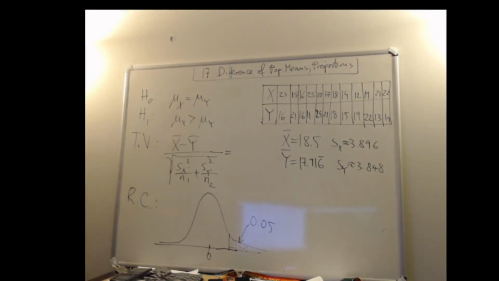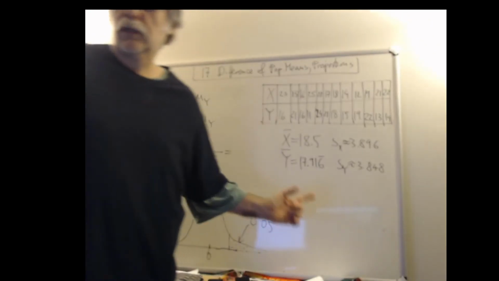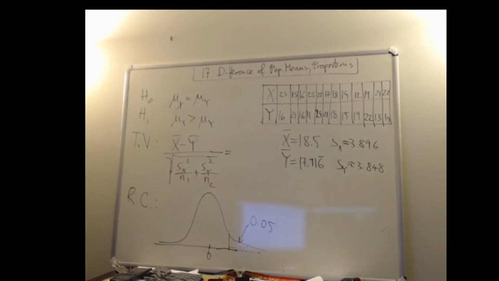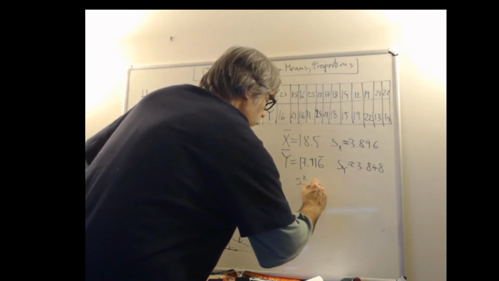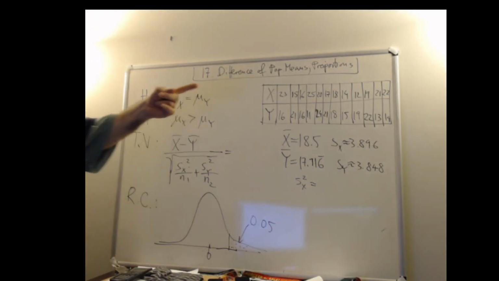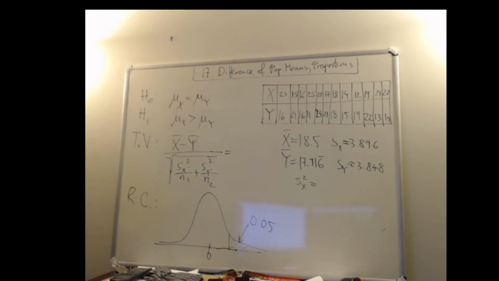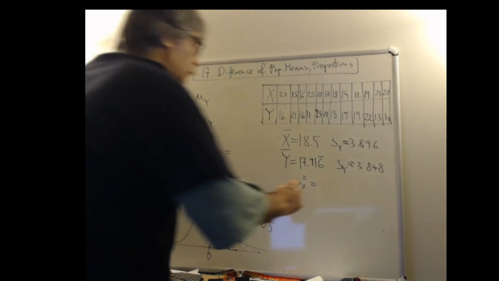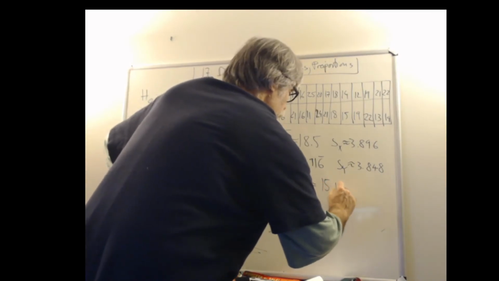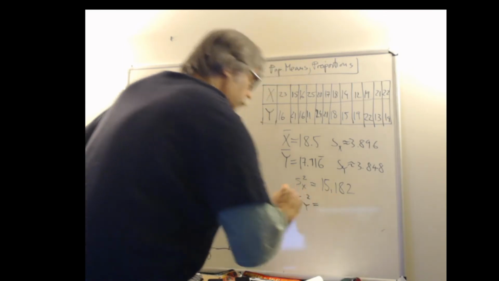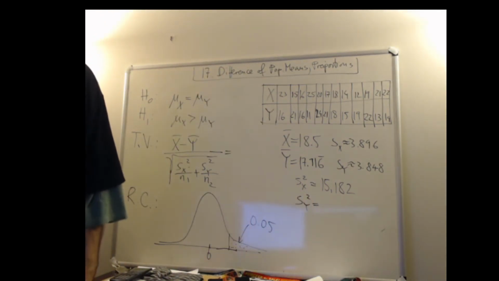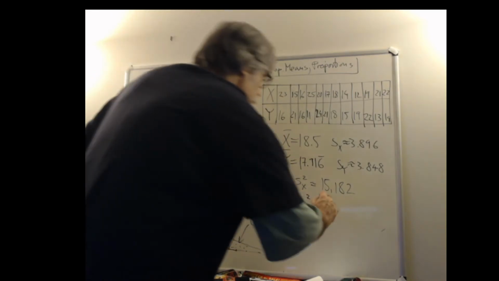One thing you notice immediately is that the standard deviations are kind of close. But the question is not about standard deviation. The question is about variance. So I'm going to get the variance for the first group. You have to square the Sx, and I'm getting 15.182. Then I square the second group's standard deviation to get the variance, and that's 14.811.